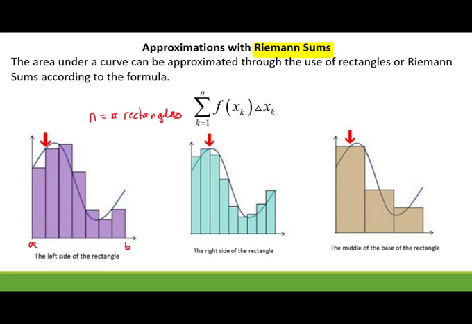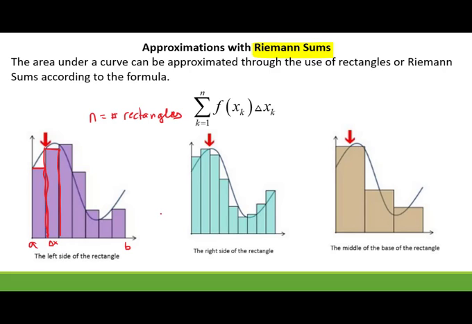So I split from a to b up into a certain amount of rectangles, and I start at the left endpoint and start drawing my rectangles, finding my width, which we're going to be calling delta x, times my height, which is my function value.